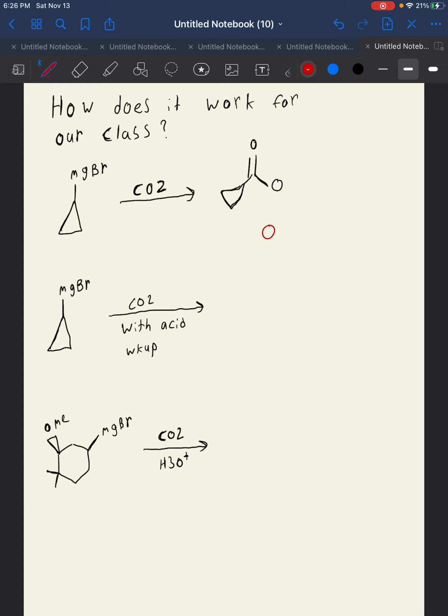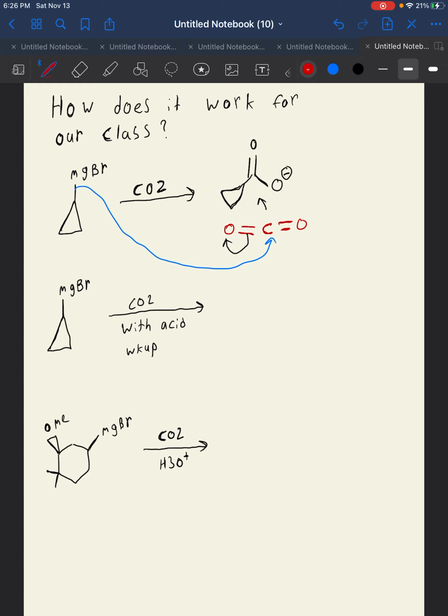Now, if we actually look at this in real time, that's supposed to be a carbon. We actually get this resonating in, and then the Grignard coming in to attack, leaving us with this final product. So I hope you can see how that works real time.